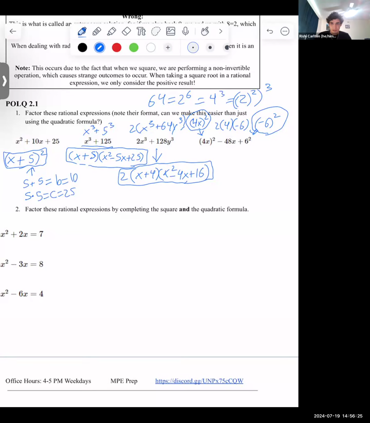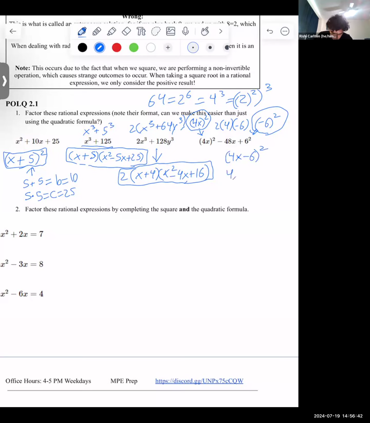But if you look, this is actually a perfect square. It's a perfect square with a 4 attached to the x. So we have a coefficient of x, 4x -6, all squared.